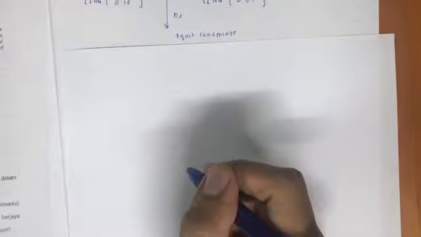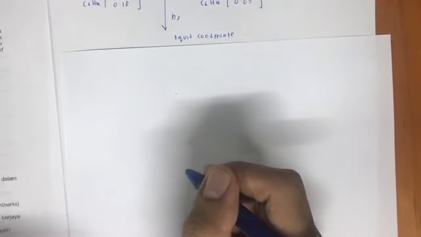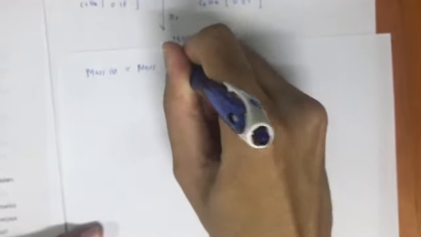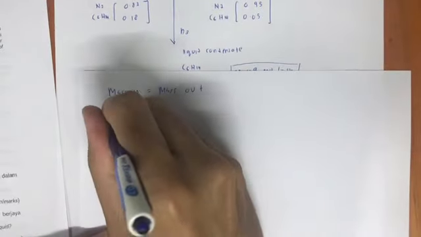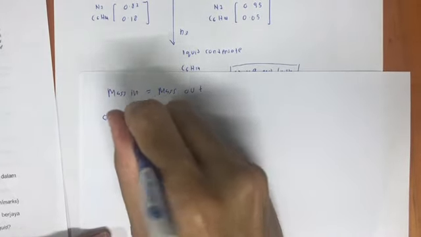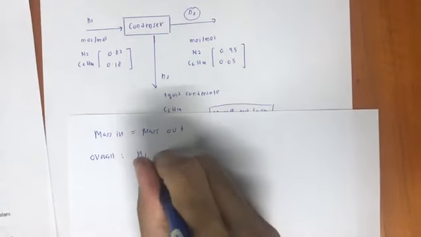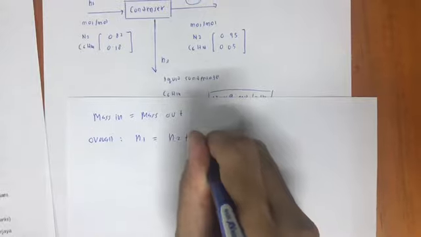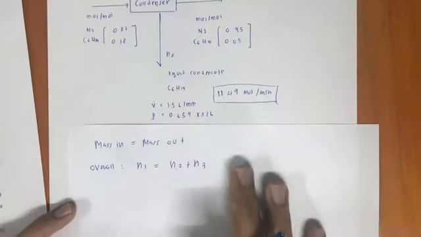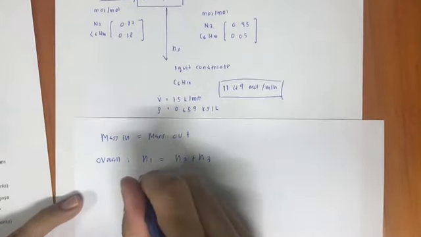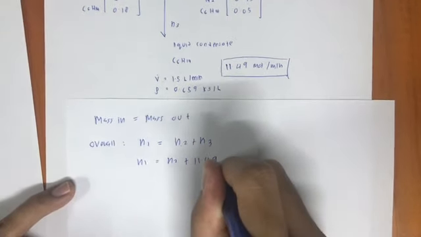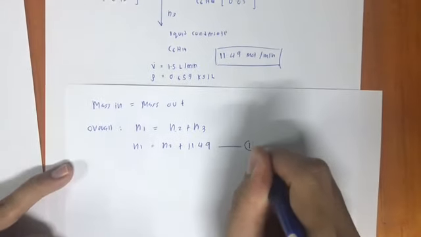Since it is non-reactive, mass in is equal to mass out. So the overall mass balance is N1 is equal to N2 plus N3. Here we already have the value of N3, which is 11.49.